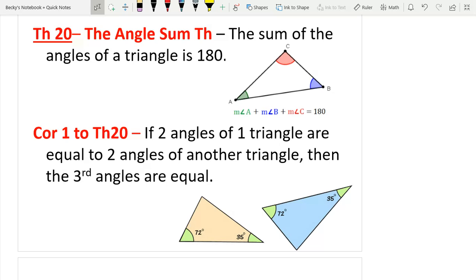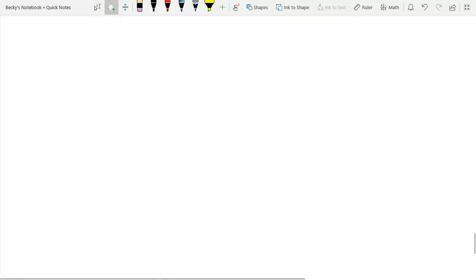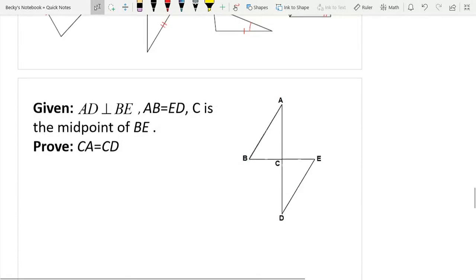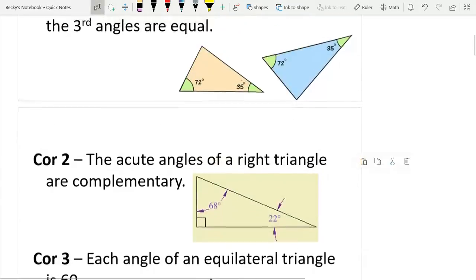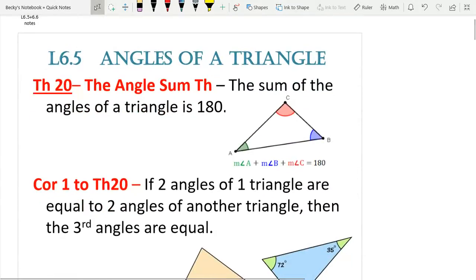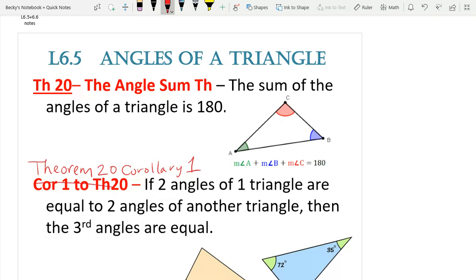Now, I typically write it theorem 20, corollary 1. So that's the way I typically write it for Canvas reasons, okay? It's the same thing. If it was on paper, it wouldn't matter. But for Canvas reasons, we need to write it all the same way.